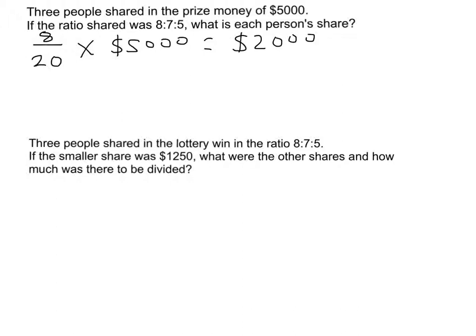And then we do the same for the second person, 7 over 20. So remember, the numerator represents a portion of the whole, and this is important for the next question, but let's work it out anyway. So 7 divided by 20 multiplied by 5,000 equals 1,750.